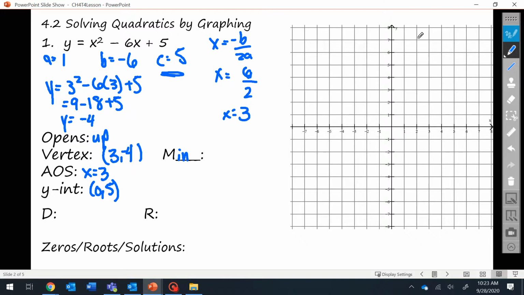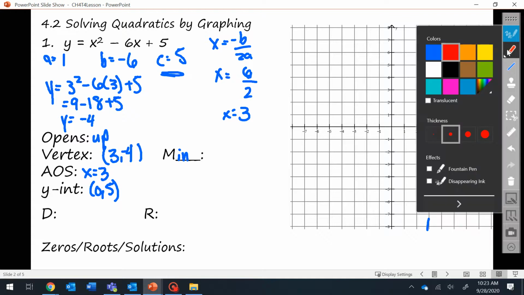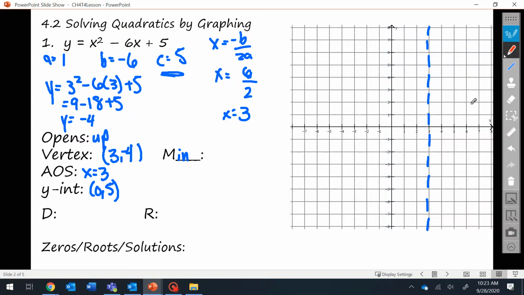Our axis of symmetry is x equals 3. Our vertex is (3, negative 4), so that's right here. The y-intercept is (0, 5), which is right here.